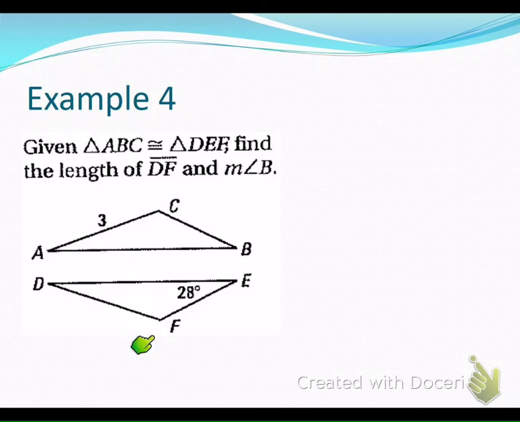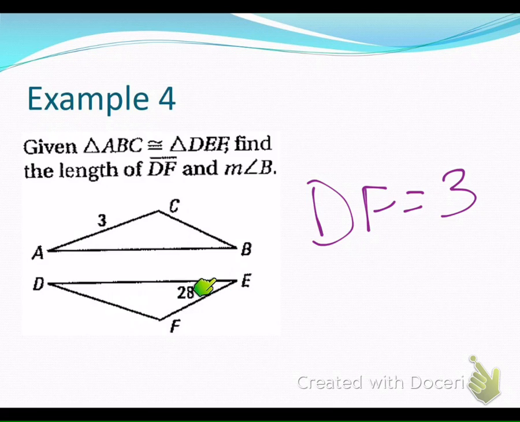So what do you think the length of DF is going to be? 3. Yeah, it's going to match with AC, which is 3. So DF equals 3. And then angle E matches with the one we're looking for, angle B. So what's the measure of angle B? 28 degrees. Good.